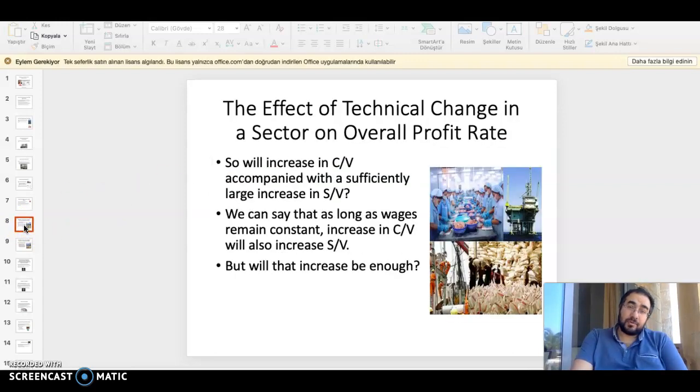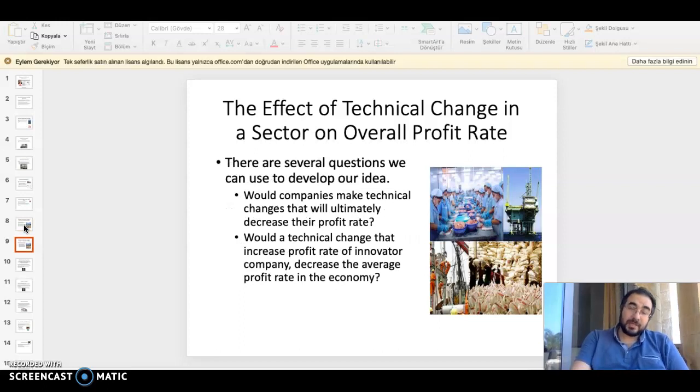One very important question when we are looking to the possibility of having the C over V, the constant capital, pulling the profit rate down, is the possibility that maybe companies do certain technical advancements that initially increase their profit rate, but when the technological advancement spreads to the whole sector, maybe the profit rate for the whole economy will fall.